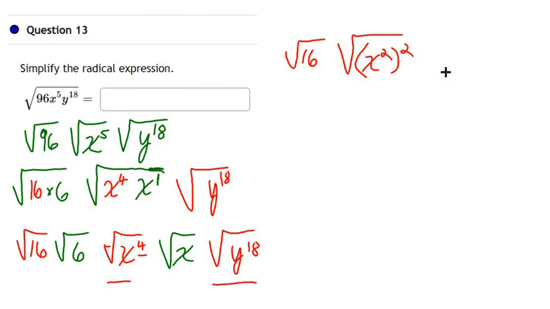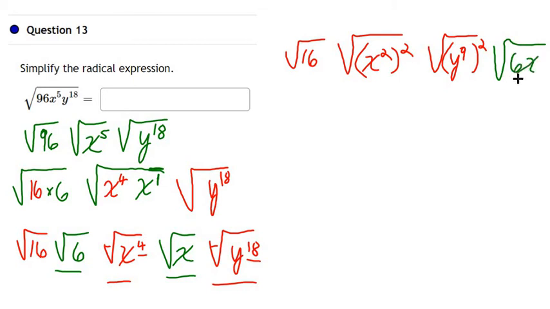And this last one, I'm going to write as the square root of some power of y, squared, and the power is whatever I get when I divide 18 by 2, and that's going to be y to the 9th. The other two factors, the square root of 6 and the square root of x, I'm just going to combine into the square root of 6x. So the two that cannot be simplified any further, I just put under one radical.